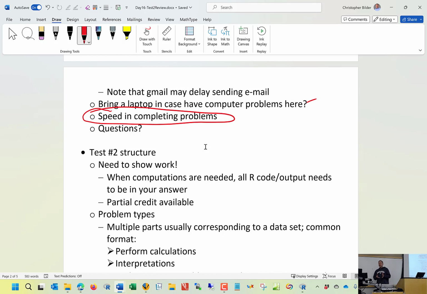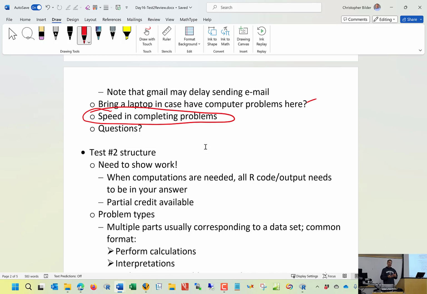If you're taking 5 minutes, 10 minutes, trying to look through the code to figure out how to do stuff, you haven't prepared enough. And that's where students sometimes falter with taking these kinds of tests.